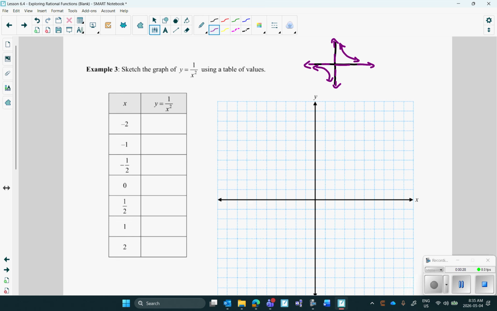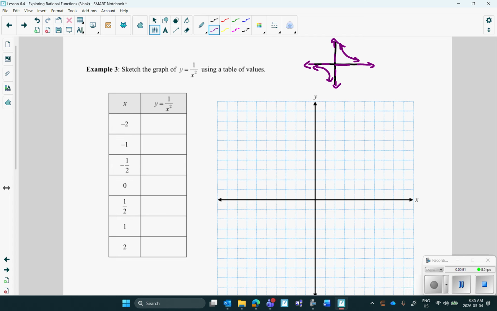Or maybe these lines moved a little bit, but essentially the shape looked like that. Right? What did we call these lines again? Asymptotes. Remember, those are lines that a graph will approach but never touch.